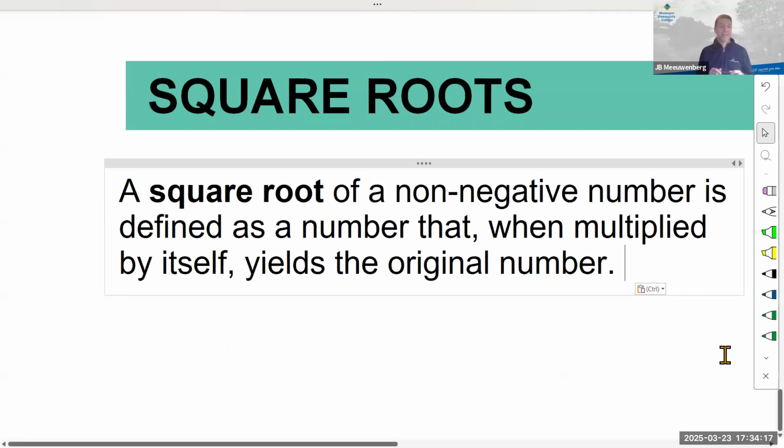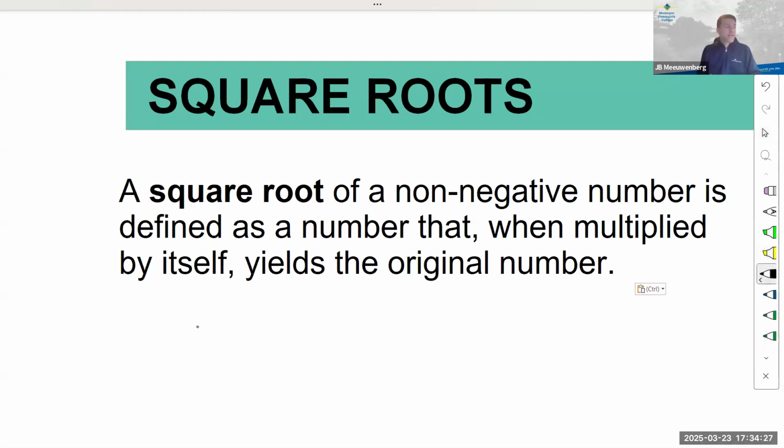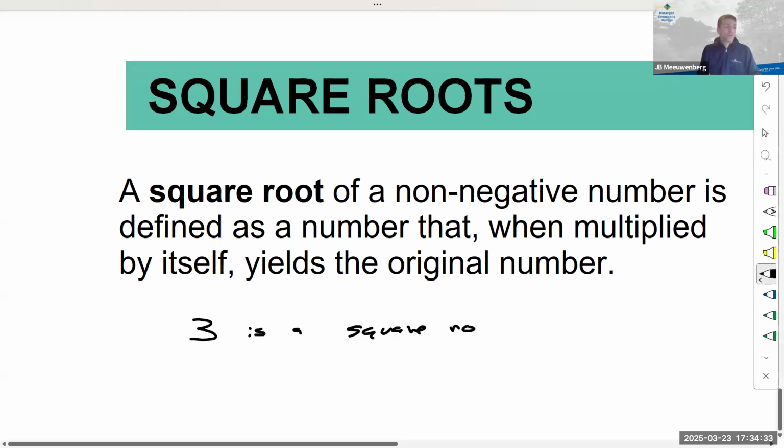The square root of a non-negative number is defined as a number that, when multiplied by itself, yields the original number. So we say that 3 is a square root of 9 because 3 times 3 is equal to 9.